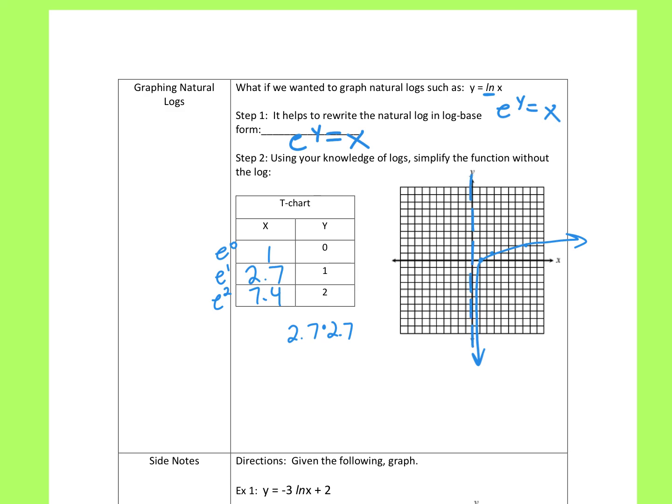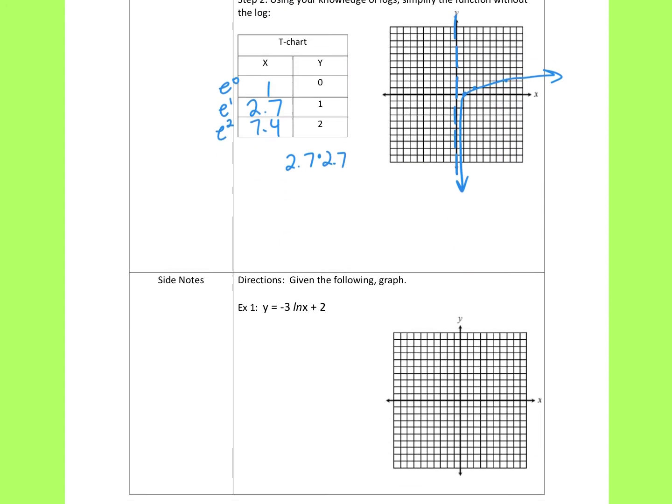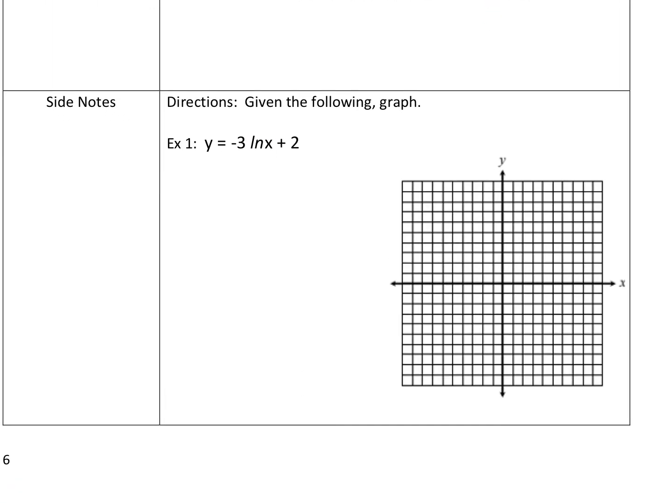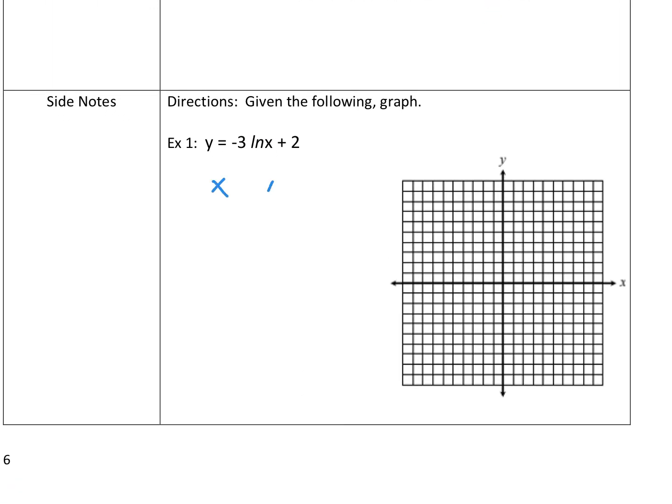So it would be right there. These are super easy. My a value, again, is just what's with the natural log, and if there's anything in parentheses. But in this case, it's just x, right? So what makes x 0? 0. So that's my undefined point, or my asymptote.